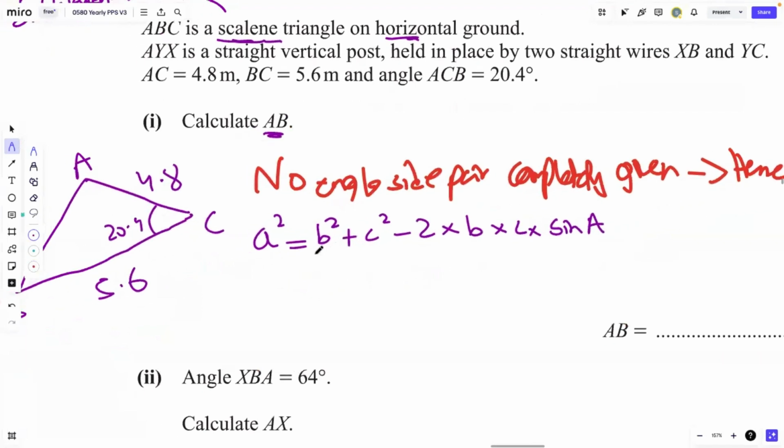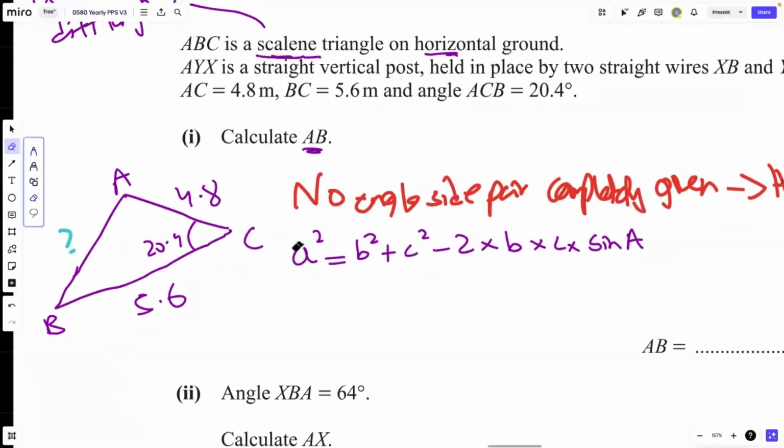Or you can switch around with the variables as well, but let's just keep it like that. It's just for your understanding, what you do need to make sure is that this side has to be the side that is corresponding to this angle. The angle in this question is this one. So you'll have to take the side a to be this question mark side, which is AB.